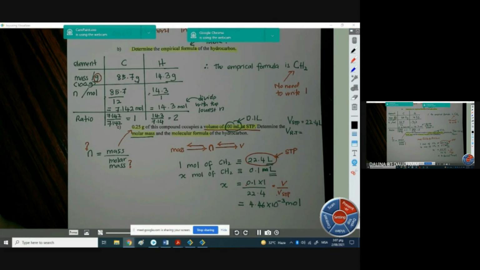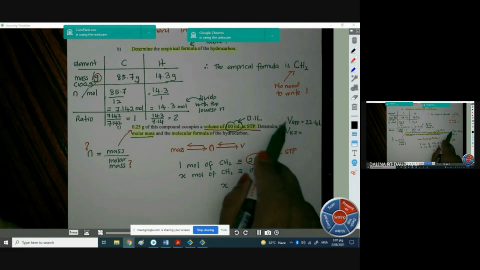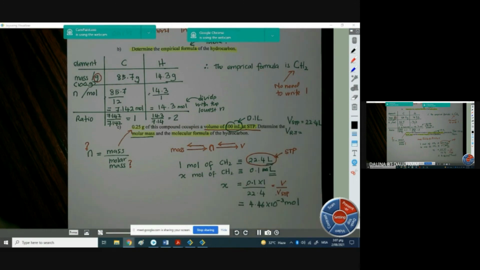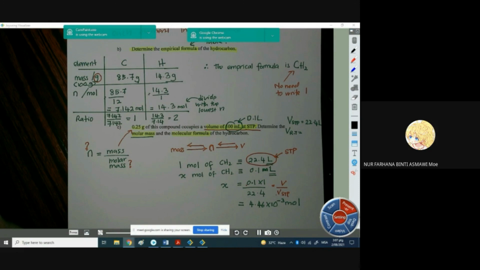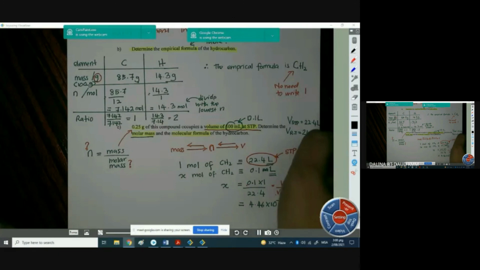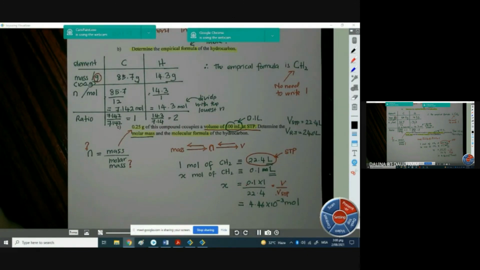Okay, sekarang ni saya nak tanya, standard kalau volume at room temperature berapa? 24 liter. Yes, good. 24.0 liter, nilai dia 24. Kalau dekat STP, 22.4.